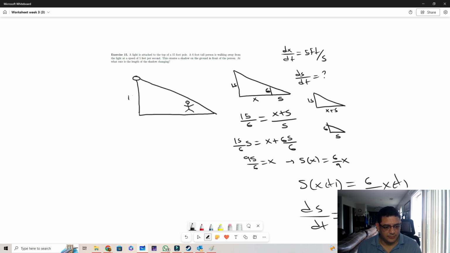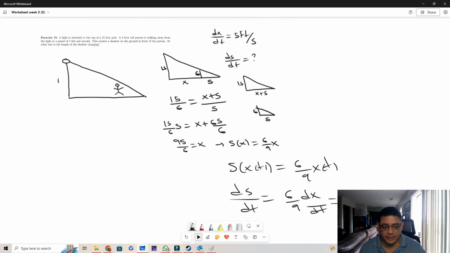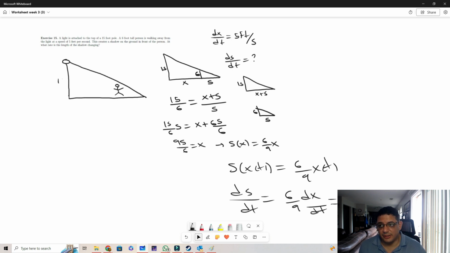It's going to be this 6 over 9 dx dt. And then because we know that this is actually 5, then this is 6 times 5 over 9, and this is feet per second. And so this will be 30 over 9 feet per second. Okay, and so this is one of the exercises of related rates, and this concludes the exercises of week 3.